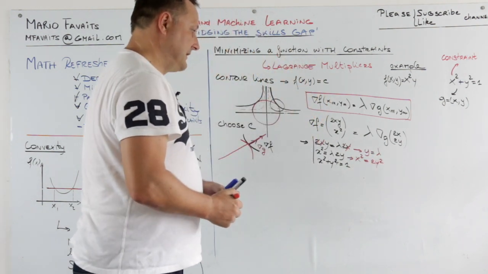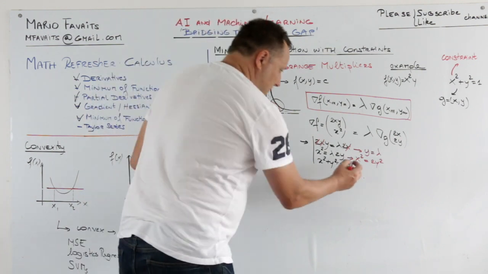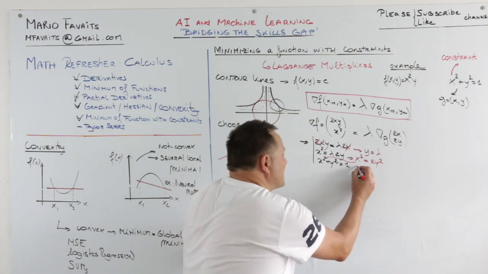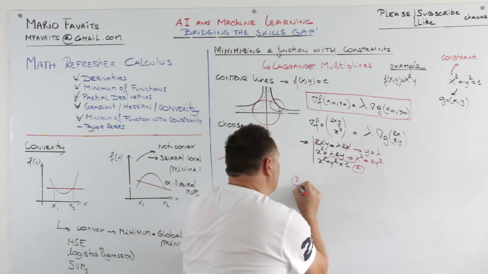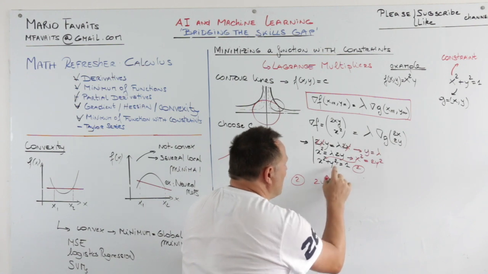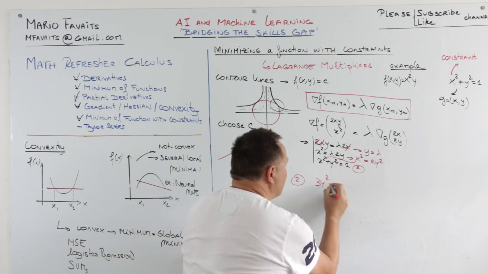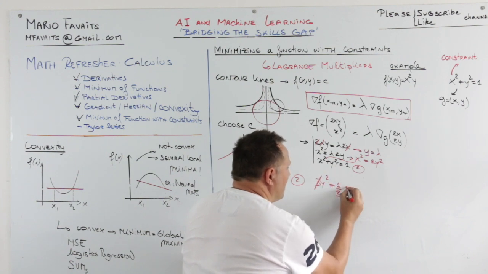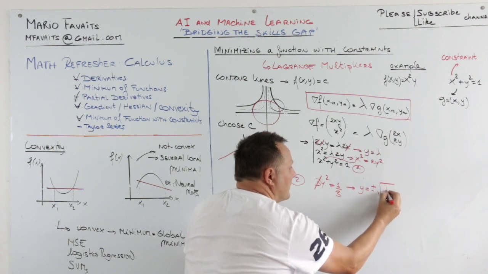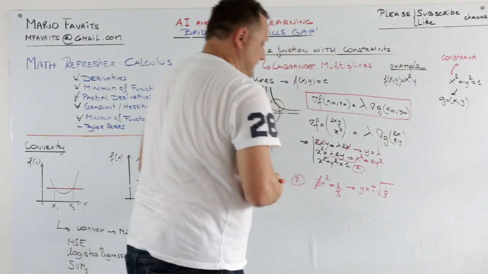And now I put the x squared in here. So the last equation, which I would call number 2, becomes 2y squared plus y squared, meaning 3y squared equals 1. Take the 3 out, it is 1/3, and y equals plus or minus the root of 1/3.